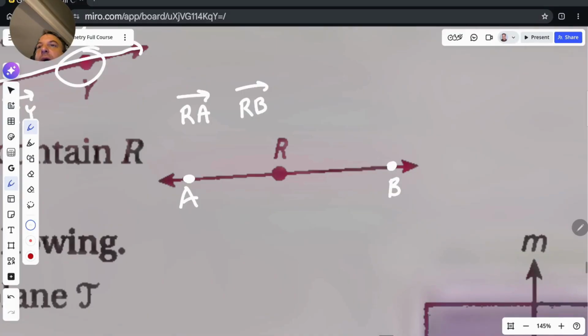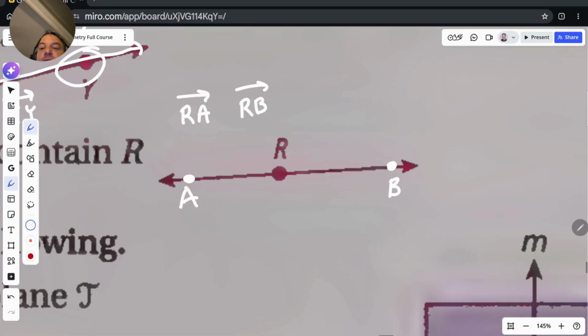Each here with a single right pointing arrow on top. So a horizontal line with R as the middle point and arrows going both directions. The 2 rays are named ray RA for our left point and ray RB for our right point.